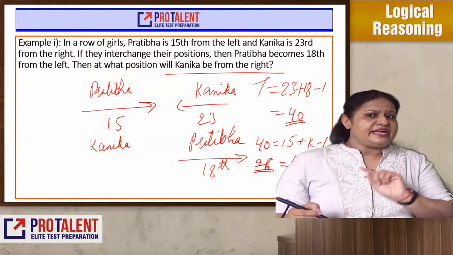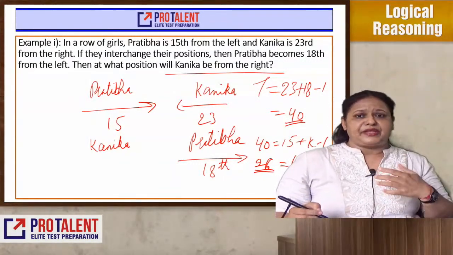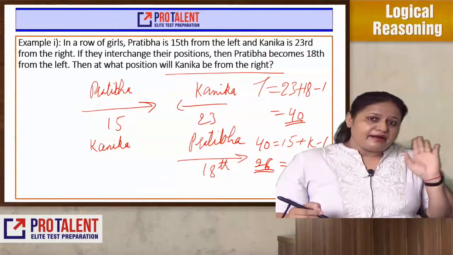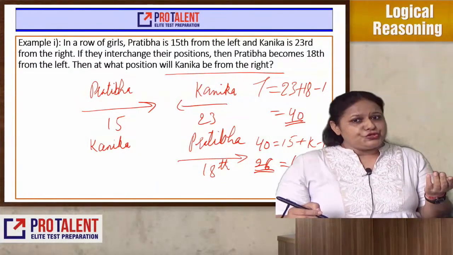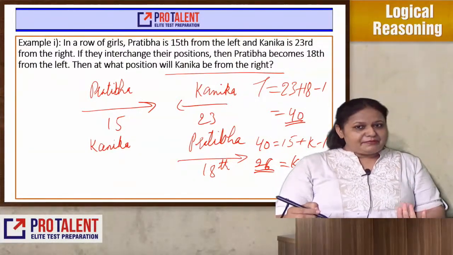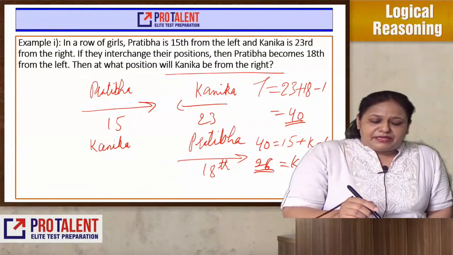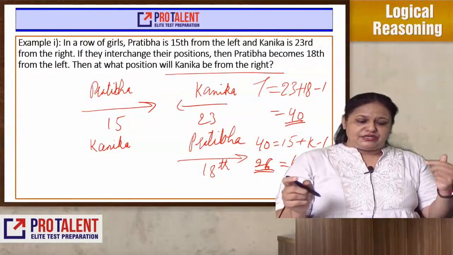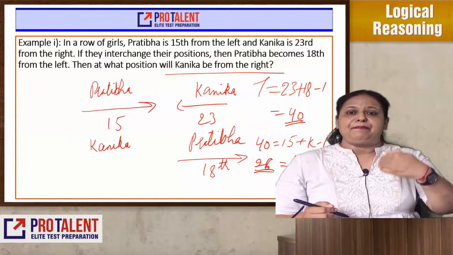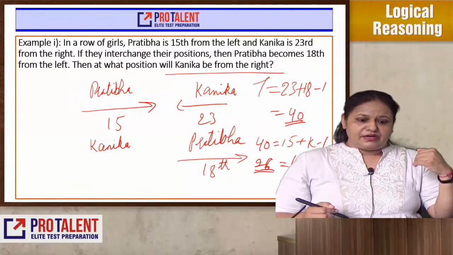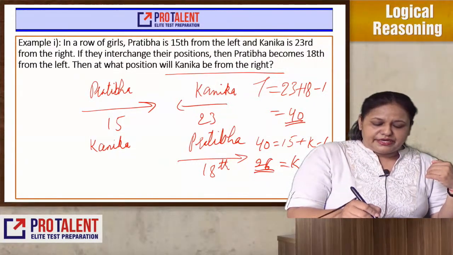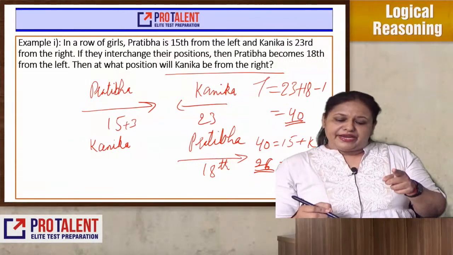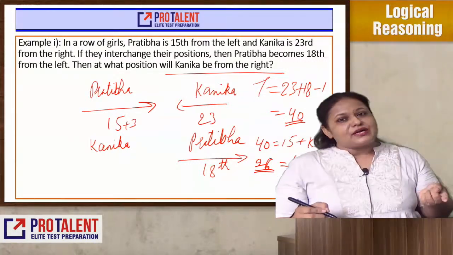But friends, let's be a bit practical and see if we still get the answer. I am just showing a method. It's up to you which method you are comfortable with. When Pratibha and Kanika interchanged their position, Pratibha moved 3 places forward, so it was plus 3. Can I apply the same thing to Kanika as well?